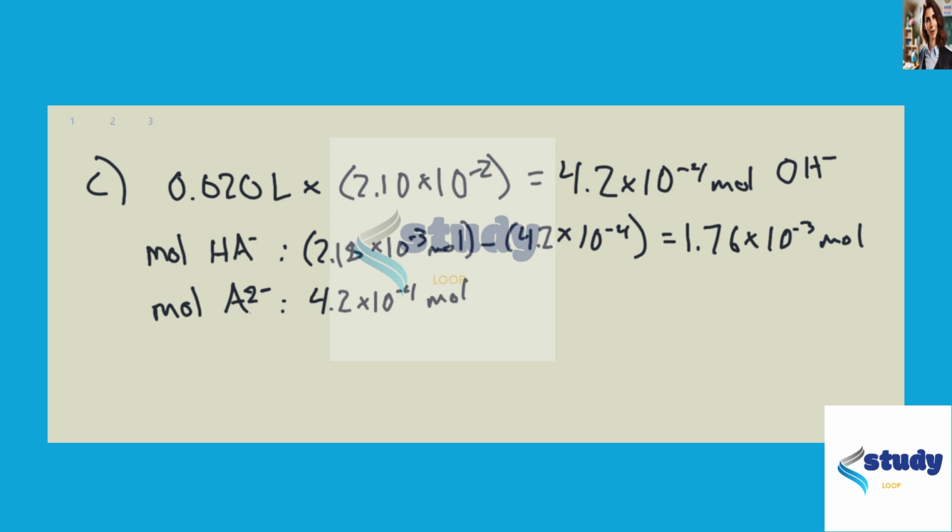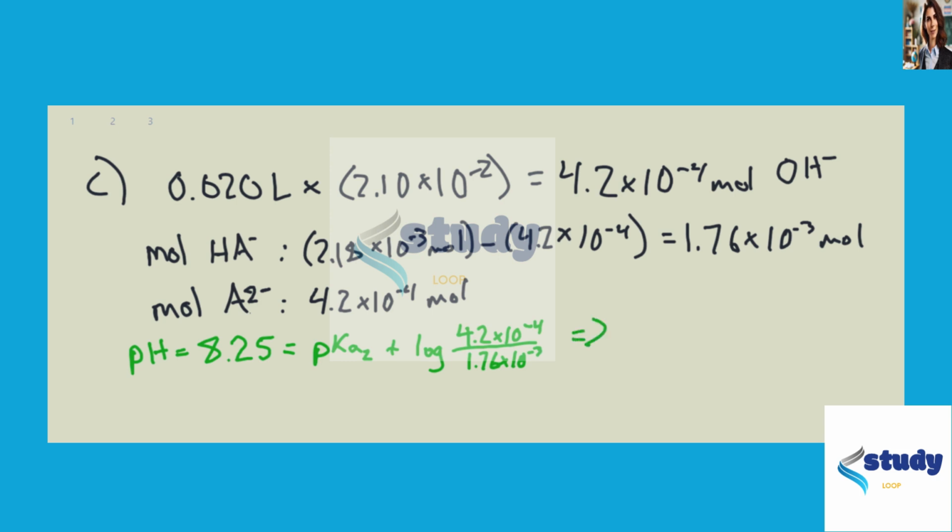And we can do the same thing that we did on the previous page. The pH is equal to 8.25, that's the value that we're given. Now that's equal to the pKa2 plus the log of the quantities we just calculated, the base, which is 4.2 times 10 to the minus 4, over 1.76 times 10 to the minus 3, which is the acid.